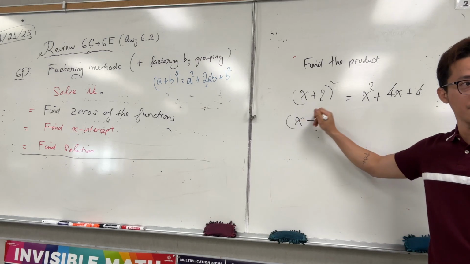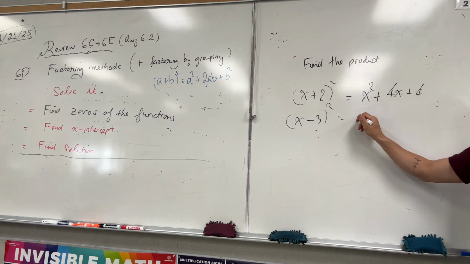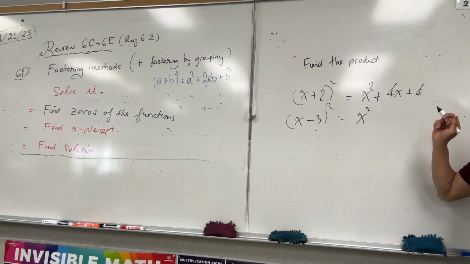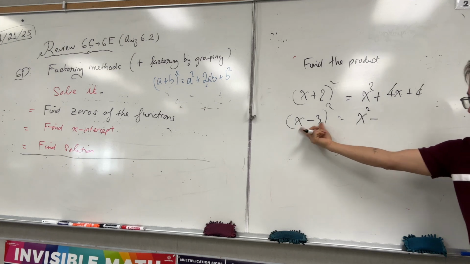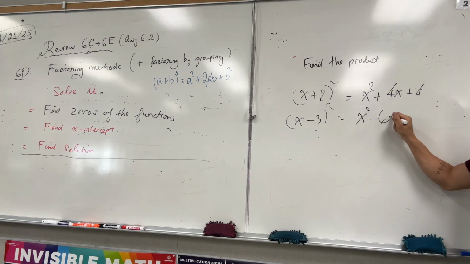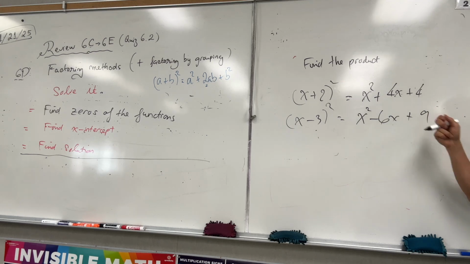Dante, you want to try? Same thing. X squared minus 6x. Very good. You multiply them and then you times 2. So 6x plus 9. Yeah? Do you think you can do mental math? You can just get it in one shot?